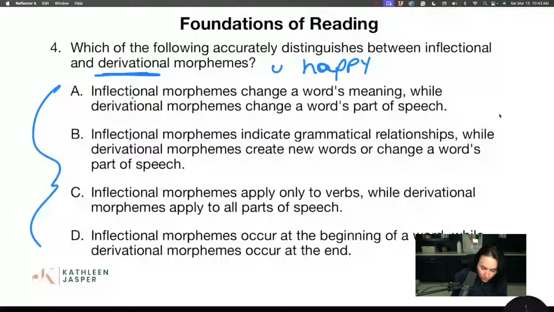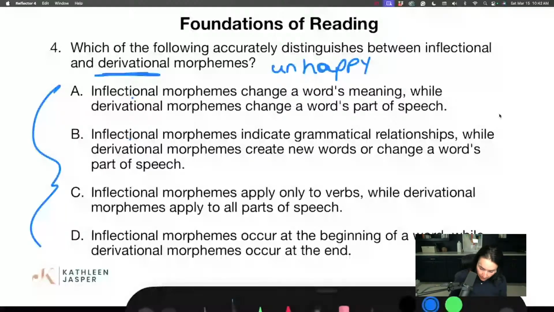If I put a derivational un in front of it, unhappy, I didn't necessarily change the part of speech. It's still an adjective, but I completely changed the definition. I went from, we'll say, content or excited, to discontent, the opposite. So that's a derivational morpheme.